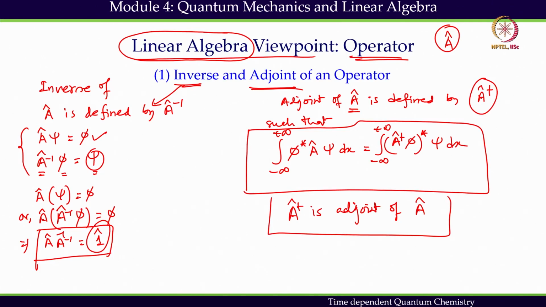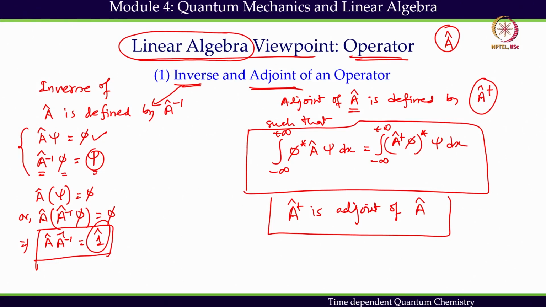So we have to take a few examples to show the adjoint of an operator, and we will take one example.